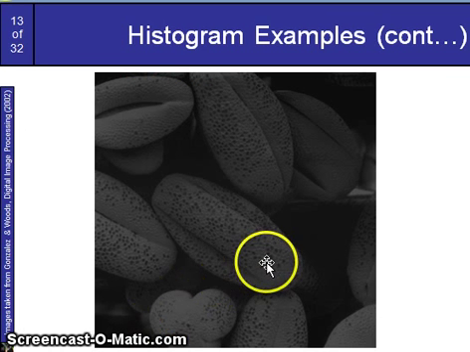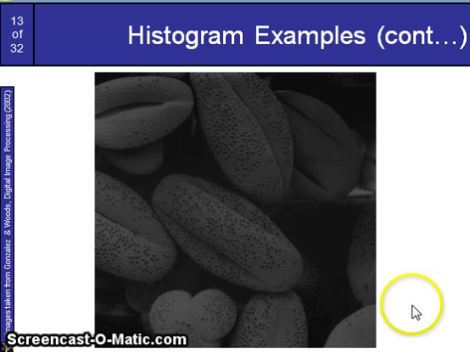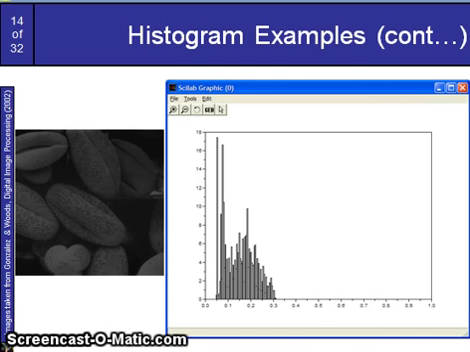So now look at this particular image, which looks very dull and doesn't have any good clarity. The histogram of this image, when taken, will clearly show that the gray levels are on one side of the graph. That is, they are not distributed. Let us see the histogram. Look at the histogram.